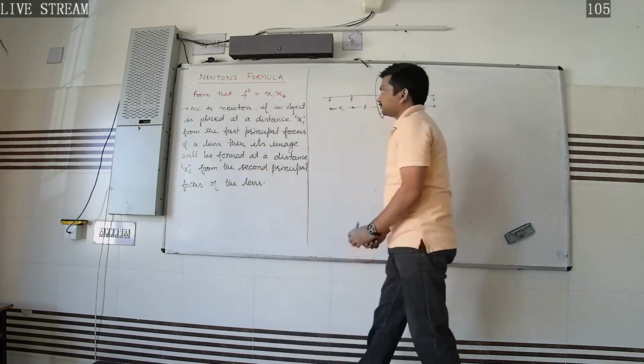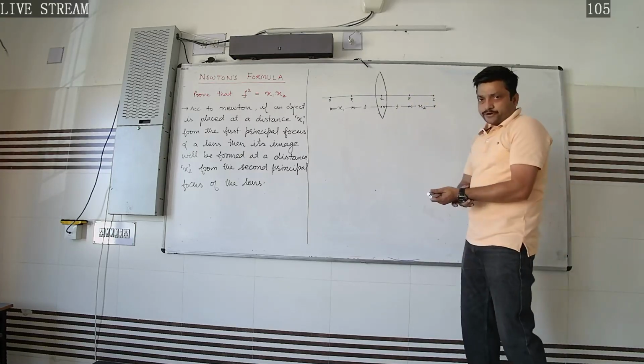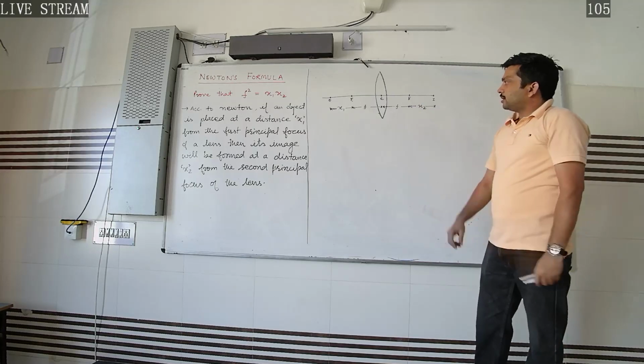So we want to prove this formula. Here we have considered a convex lens having the focal length f.